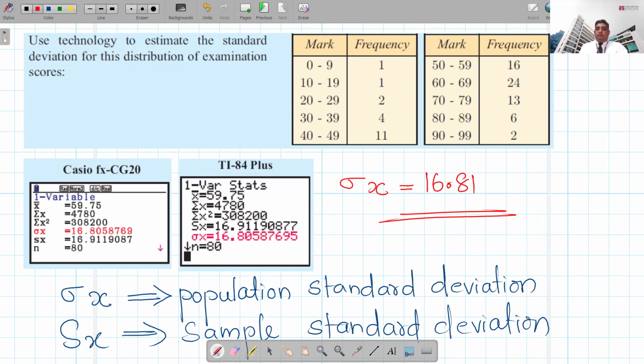Now, let me show you a different scenario. How to compare the results of two classes including their spread. How to compare the standard deviation. Now, let me show you.